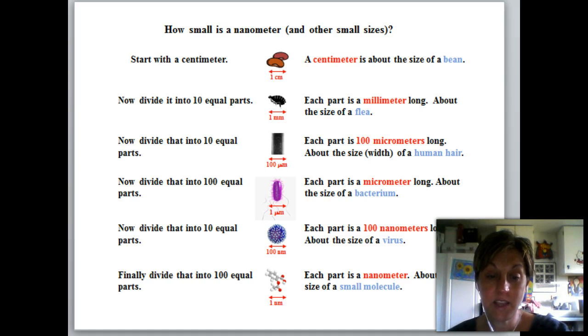Then take that micrometer and divide that into 10 equal parts, and that would be 100 nanometers, about the size of a virus. And take those 100 nanometers and divide that into 100 equal parts, and that would give us the size of a nanometer, about the size of a small molecule. Pretty small.